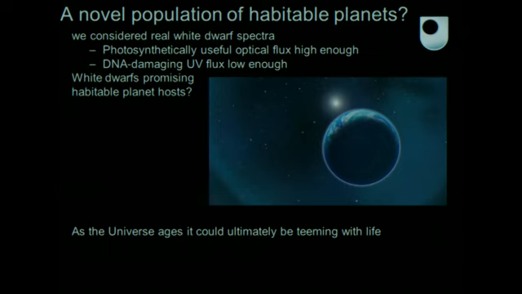So we did a little bit of work just examining this using the real spectrum that you would expect from a white dwarf star. And we were able to calculate that if you put a planet in the right place, you could have this persistent habitable zone in which you have photosynthetically useful light that plants could use to generate energy, while simultaneously not having too much damaging UV radiation.